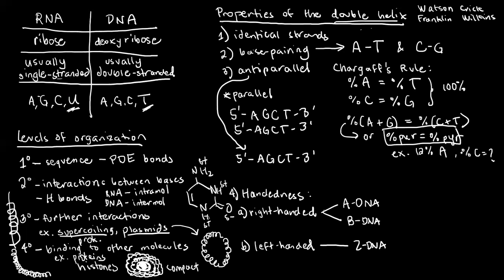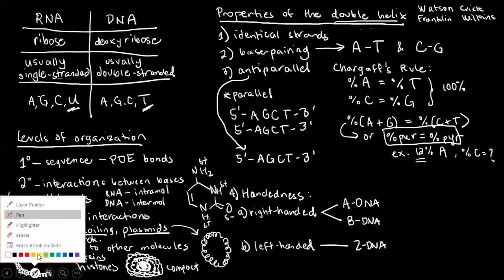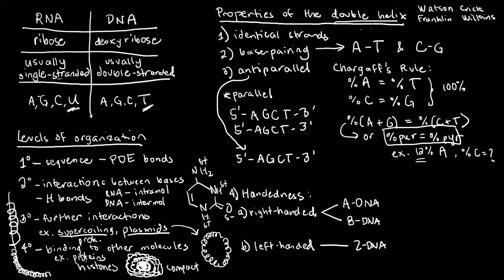So how do we solve something like this? Based on Chargaff's rule, we could start with plotting 12% on adenine. So if the adenine percent is 12, what does that mean? Since A is equal to T, then if A is 12%, then T should also be 12%.